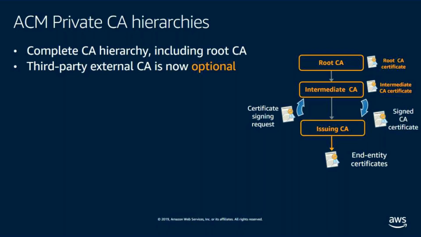But now, instead of requiring an external root and intermediate CA, that's optional, and AWS can host the entire hierarchy. We'll show you how to create a two-level CA hierarchy in a demo coming up. Ram will show that. And first, though, I want to talk about some of the organization and use cases for private CA.